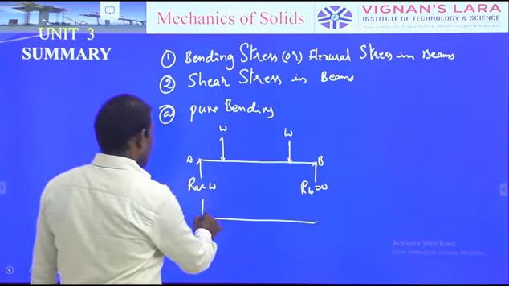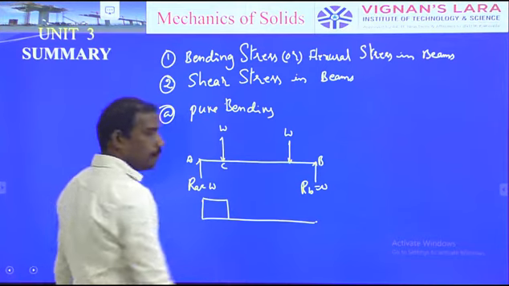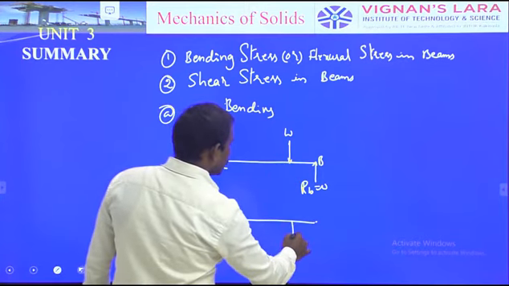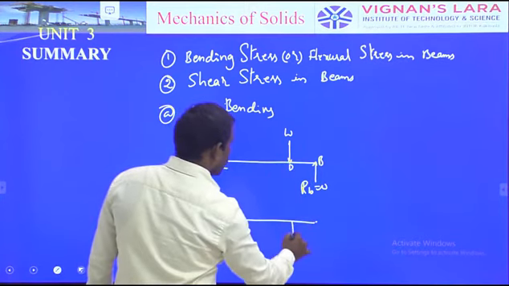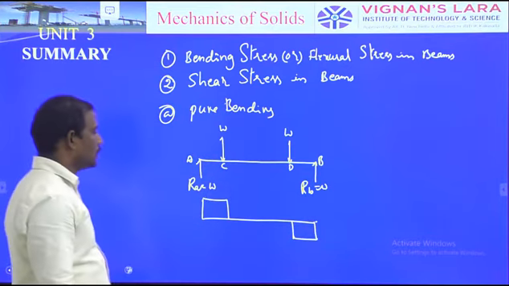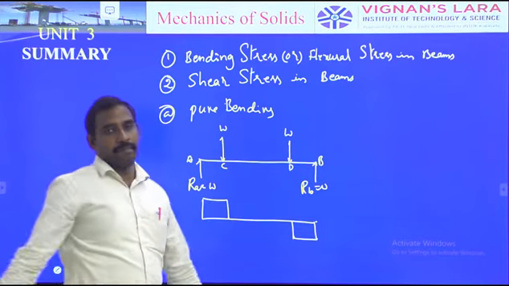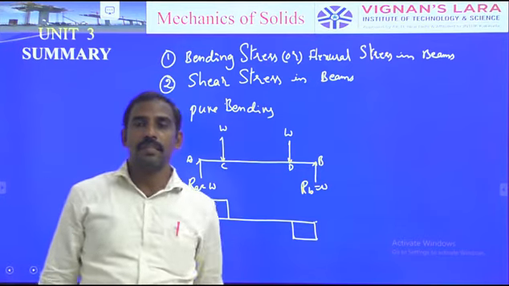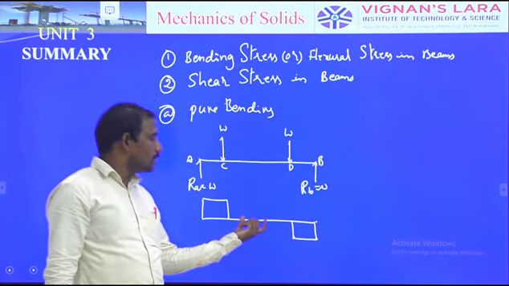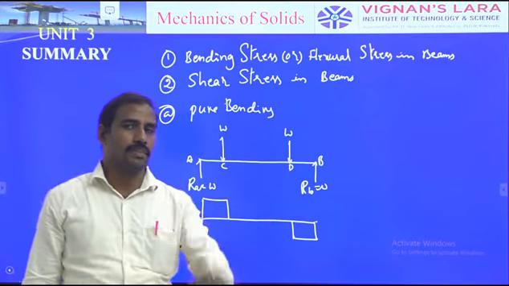The shear force is positive up to C, and the shear force is negative from D to B. There is no shear force in the portion CD. It means we can consider this portion CD as a pure bending portion. That is the first point.